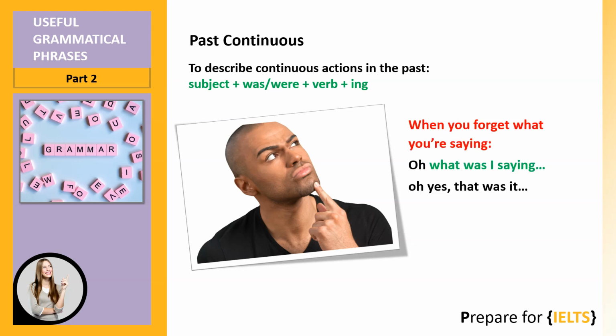If you forget what you're saying, or if you just want to include this phrase to impress the IELTS examiner: Oh, what was I saying? Oh yes, that was it. So you're talking about something and then you think, I need to go back to what I was talking about. Oh, what was I saying? Oh yes, that was it. A great example there of the past continuous.